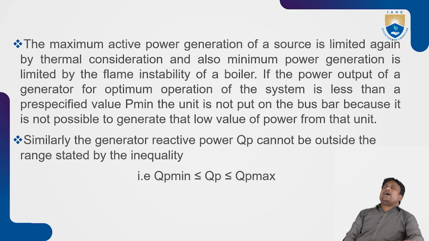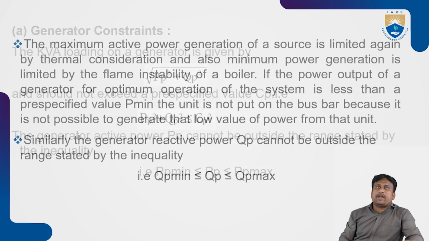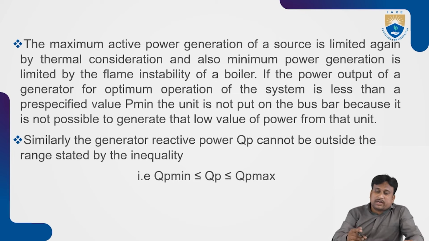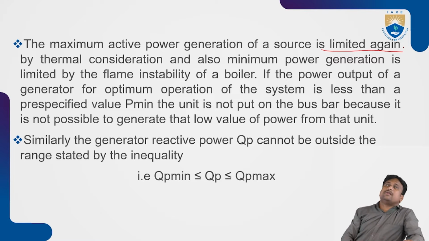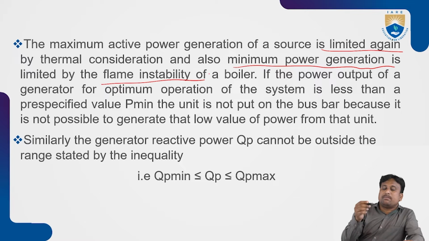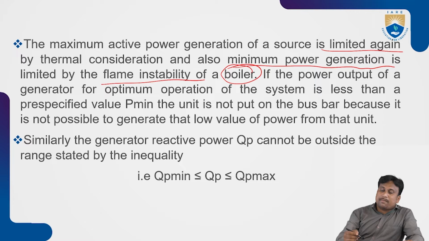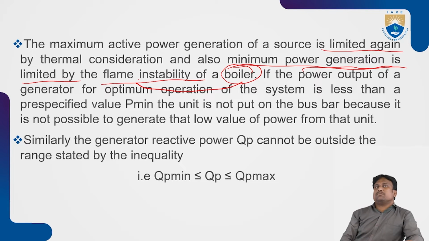Next, while defining the generator constraints, the maximum active power generation of a source is limited by thermal considerations, and the minimum power generation should be limited by flame instability of the boiler. That means adjusting the input side from the boiler section. This is much more important.